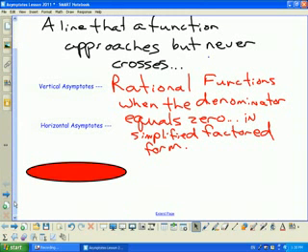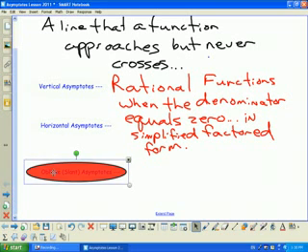So if the highest order in the numerator is an x, we have to have an x or an x squared in the denominator. If we have an x cubed in the numerator, we have to have at least an x cubed or an x to the power 4 in the denominator to have a horizontal asymptote. Or anything above, at least.